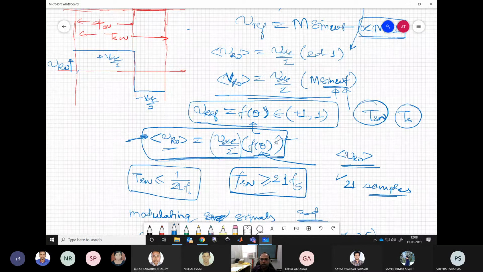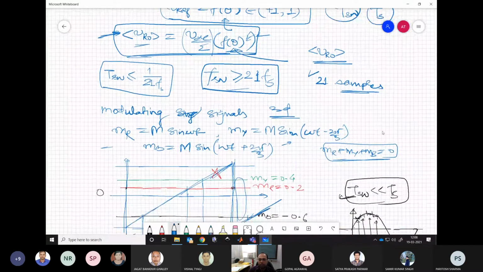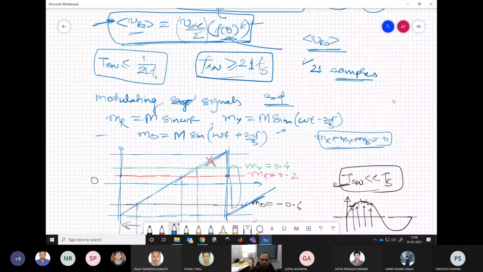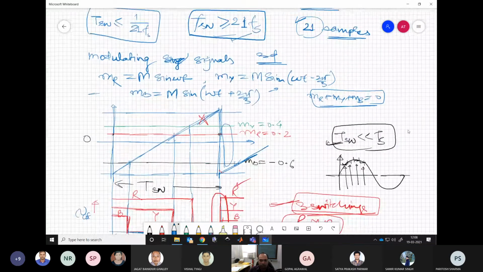If that function, meaning the modulating signal, is m sine omega t, then we will get a sinusoidal VRO on average. But the condition is that our switching frequency, which means the number of samples within a sinusoidal cycle, should be very high, at least 21 samples for good realization of the sine wave.